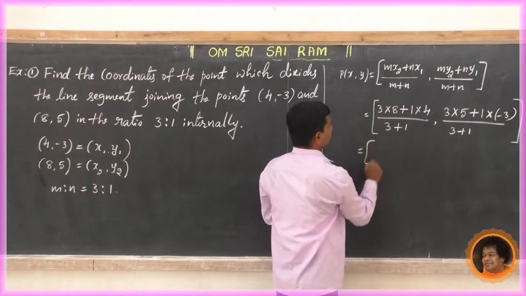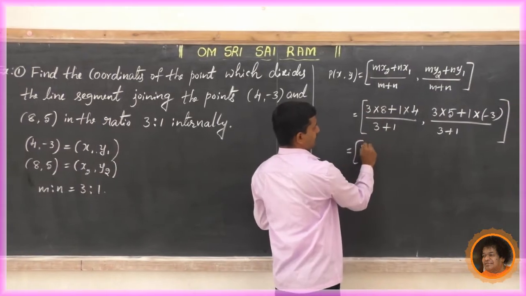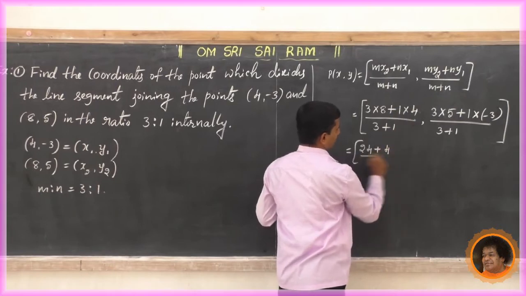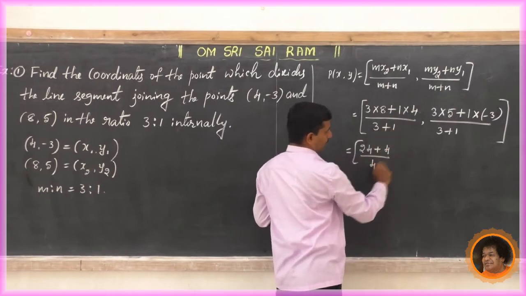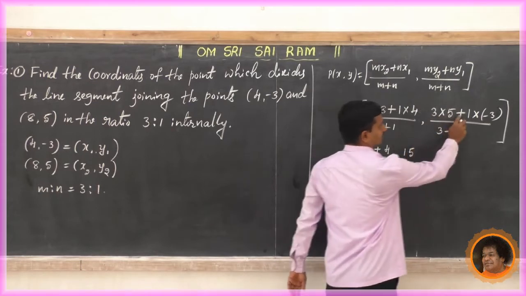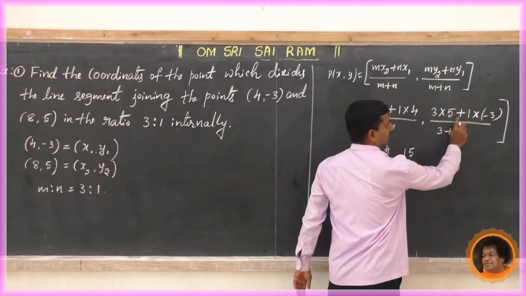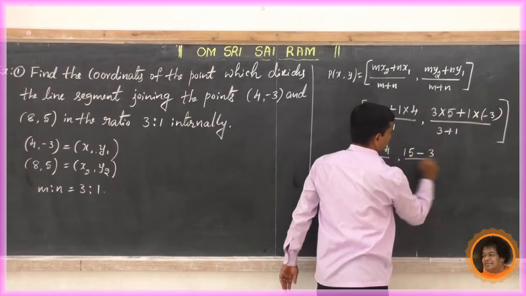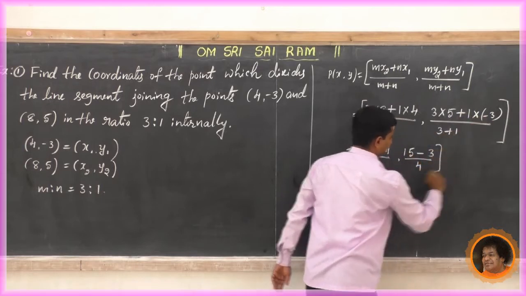So equal to 8 into 3, 24, plus 4 into 1, that is 4, divided by 3 plus 1, 4. 3 into 5, 15, plus 1 into minus 3. Remember, plus into minus is minus. 3 into 1, 3, divided by 3 plus 1, 4.